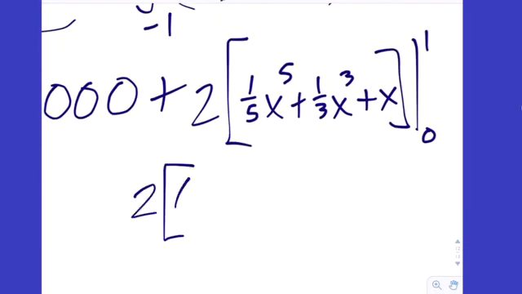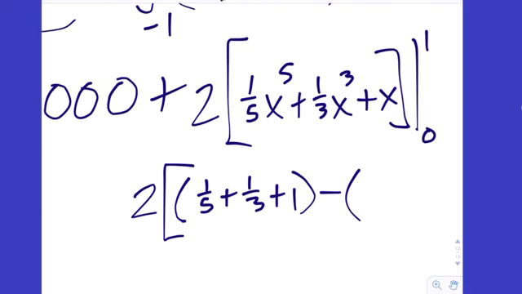All right, so 2 times the quantity 1/5 plus 1/3 plus 1. And now here, minus, instead of having to plug in a negative 1, we just plug in a 0, which is 0 plus 0 plus 0, also known as 0. And you can simplify that.